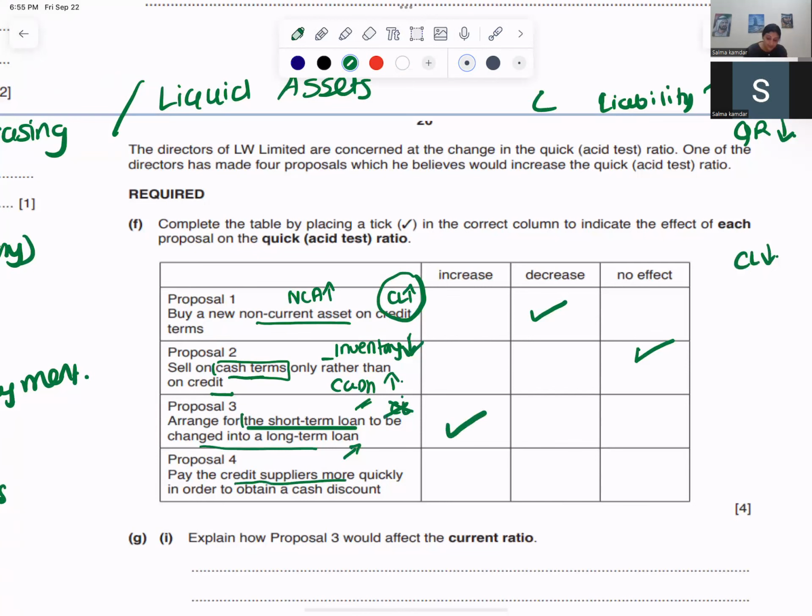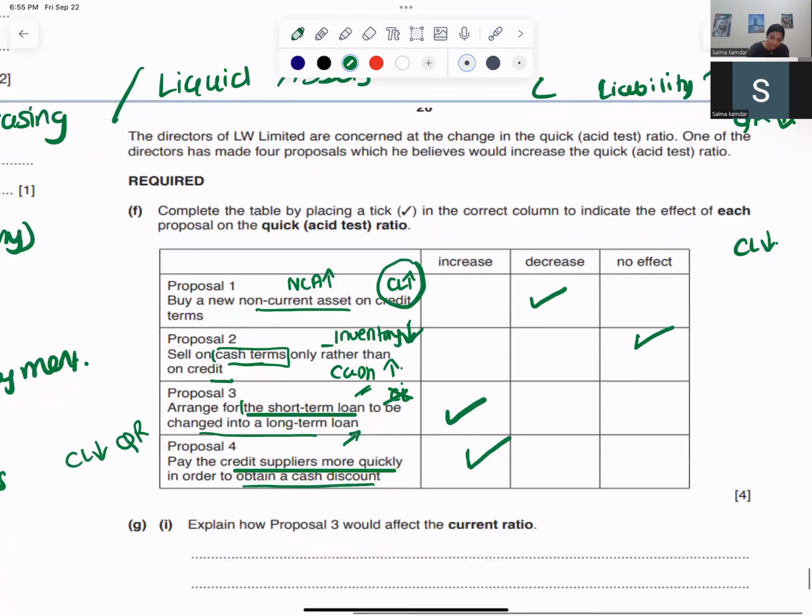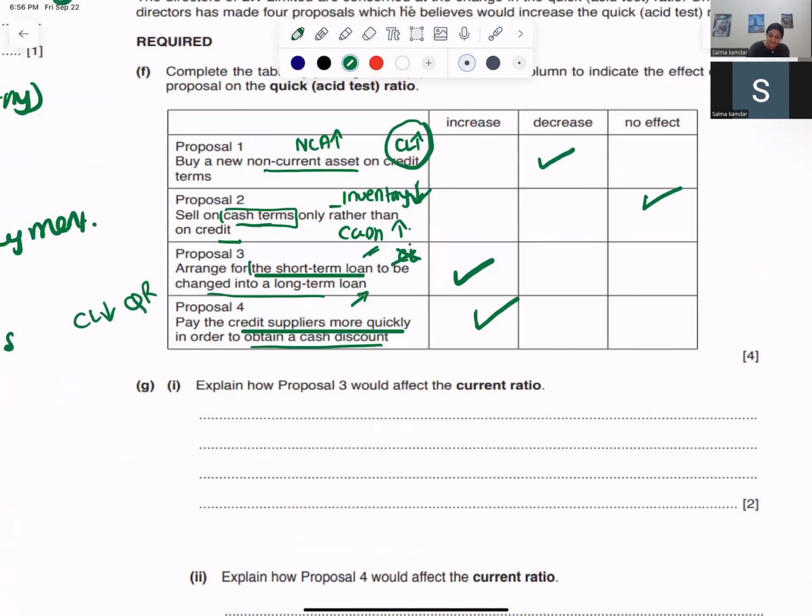Explain how proposal 3 would affect the current ratio. If quick ratio is increasing, current ratio will also increase. What is happening in proposal 3? Short-term loan is getting converted into long-term loan.